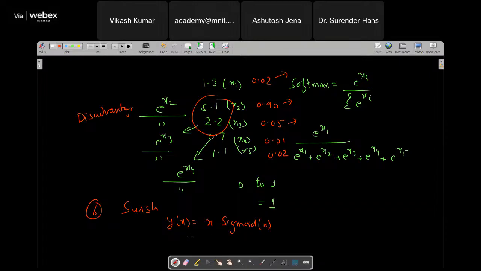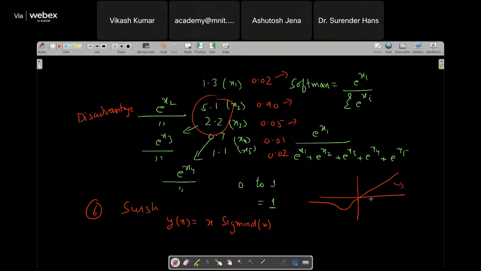The representation of swish is like this. It is not bounded between 0 and 1, and this one solves the vanishing gradient.